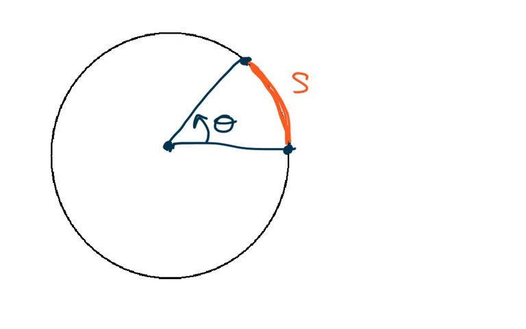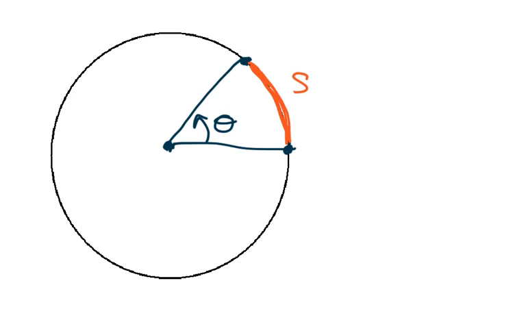So if the slice that we draw in there is a sixth of our entire circle, then this angle should be a sixth of 360 degrees, just like our arc length S should be a sixth of the entire circumference. Those ratios will always be equivalent.